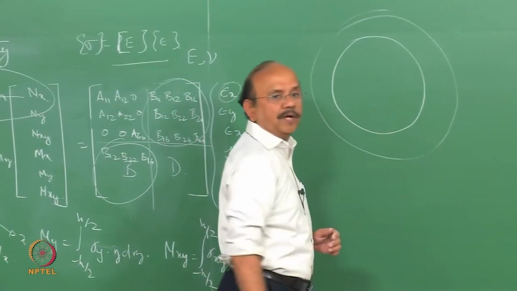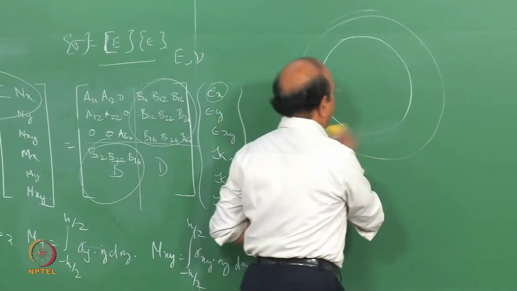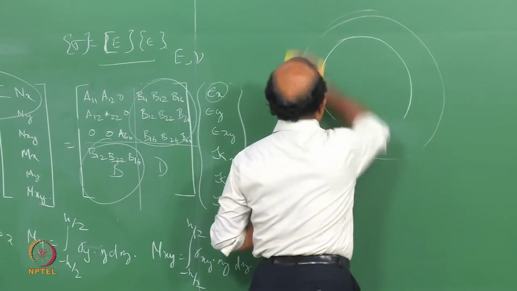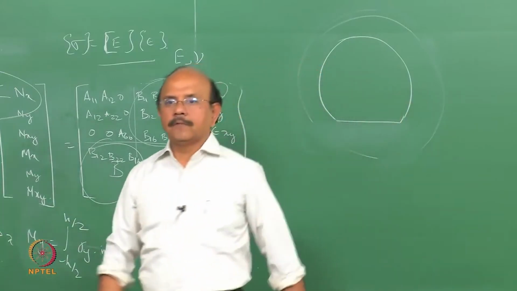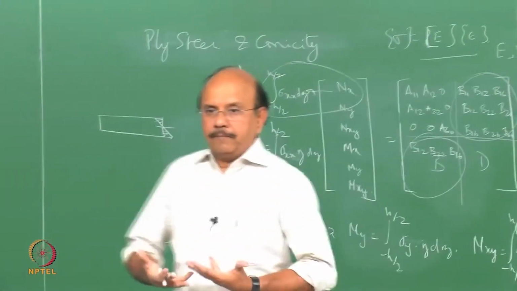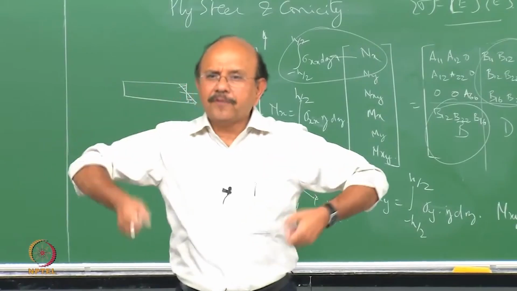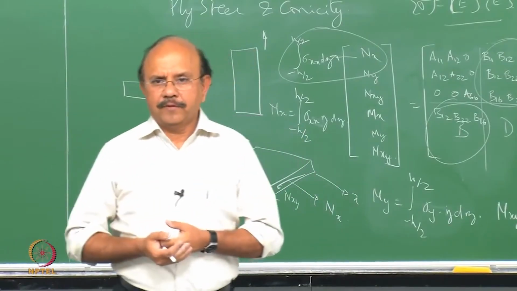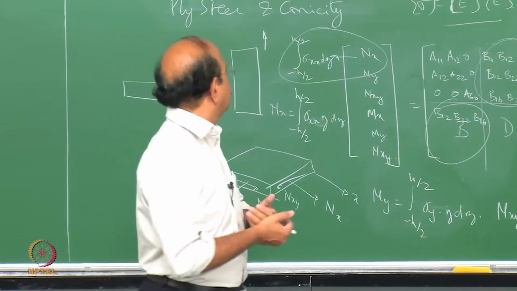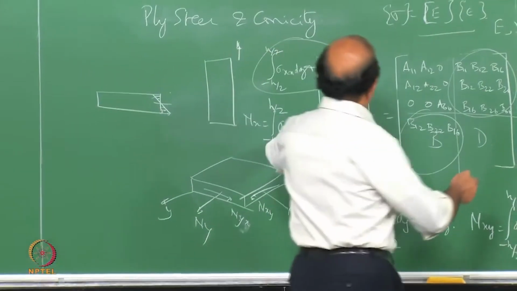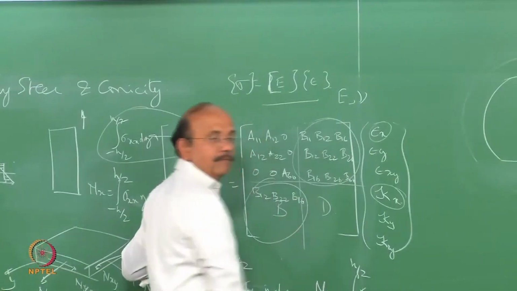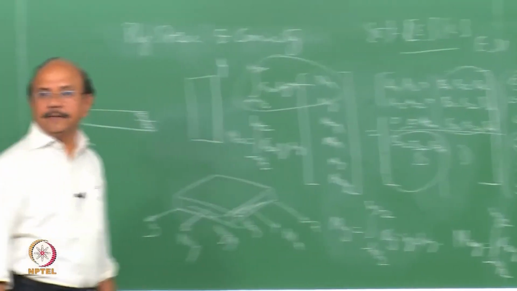I am changing the curvature. I'm making this flat. In other words, I'm giving a moment to make it flat. When I give a moment to make it flat, what am I attacking? I am attacking this. I'm attacking that.